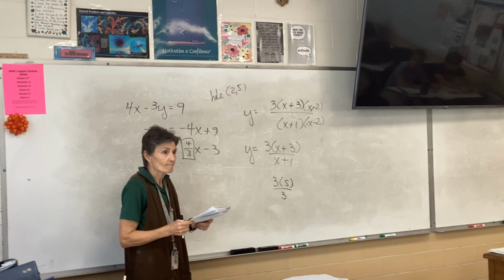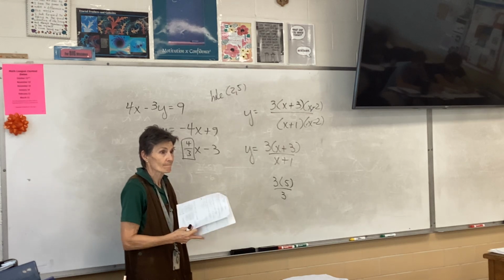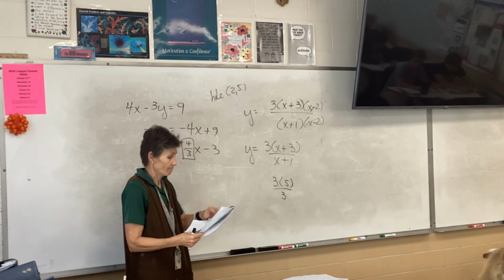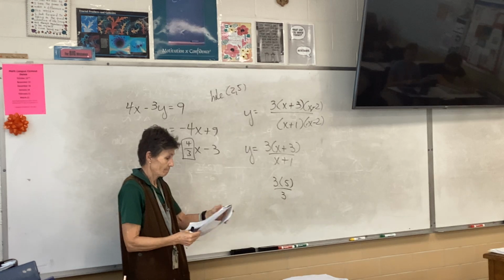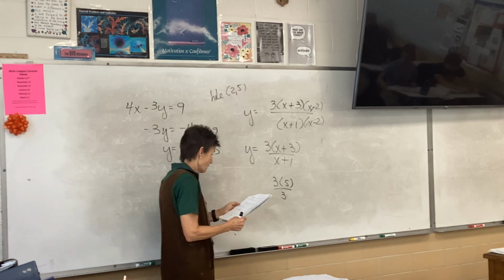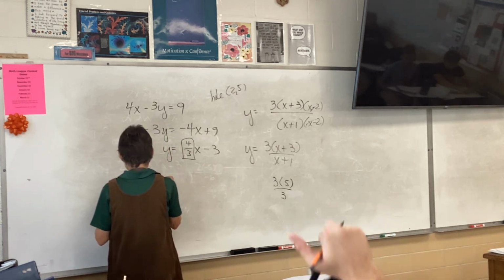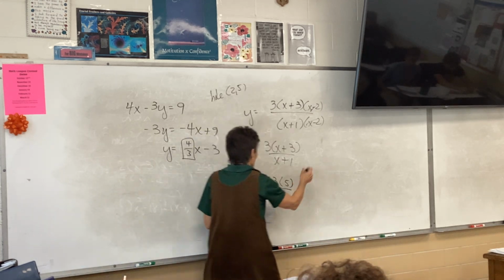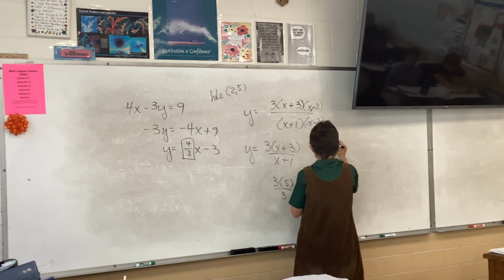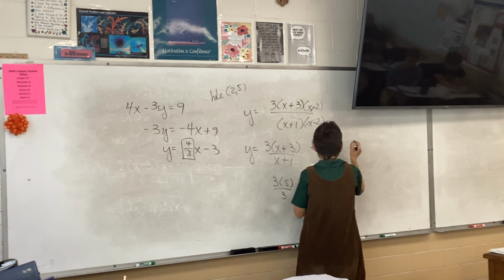Can we do, on 1.9 and 1.10, can we do 1A, 1C? 1A, what am I doing here? I'm finding vertical asymptotes. I'm gonna go ahead and factor the top.